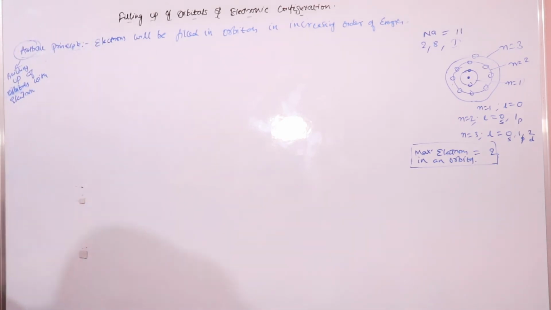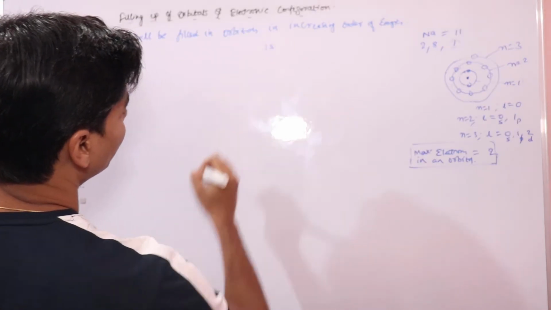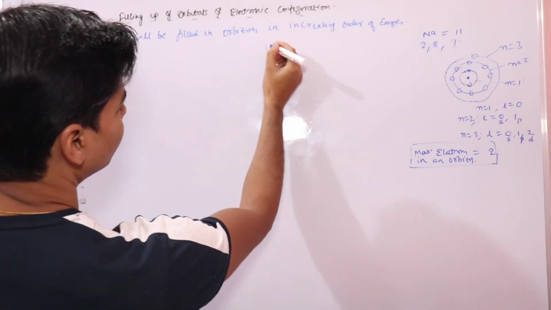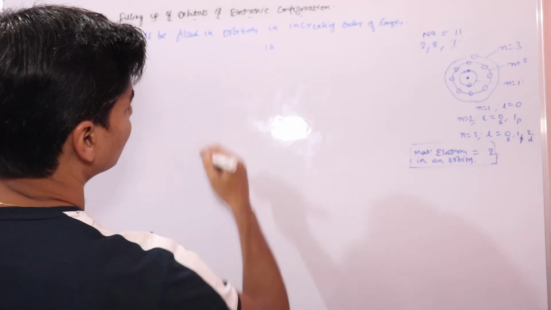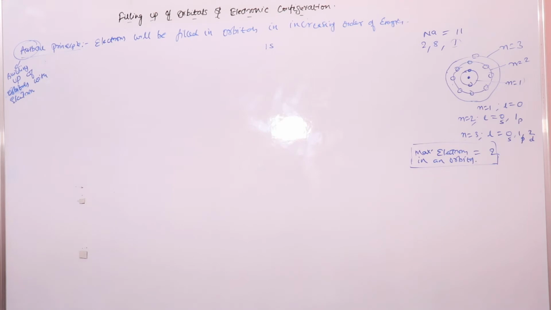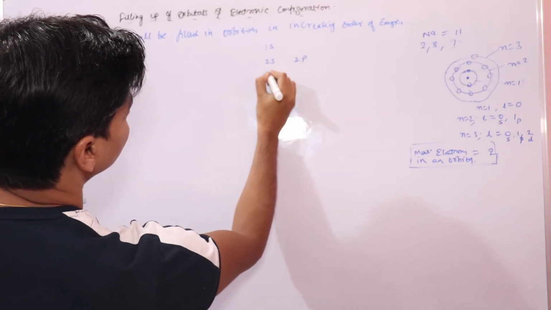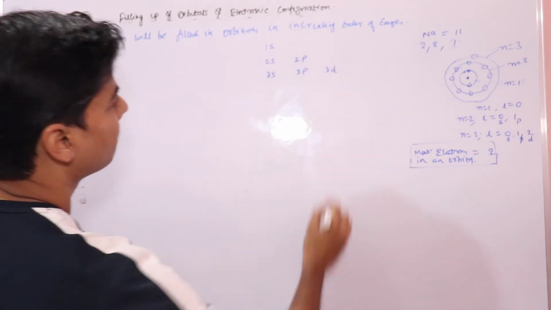It's a simple diagram, just learn how to write it so that you can easily draw it in exams, in case you have to write the electronic configuration of some complicated elements. This is 1s. 1s means the s orbital of the first shell, n equals 1 here. Then 2s, 2p, 3s, 3p, 3d.